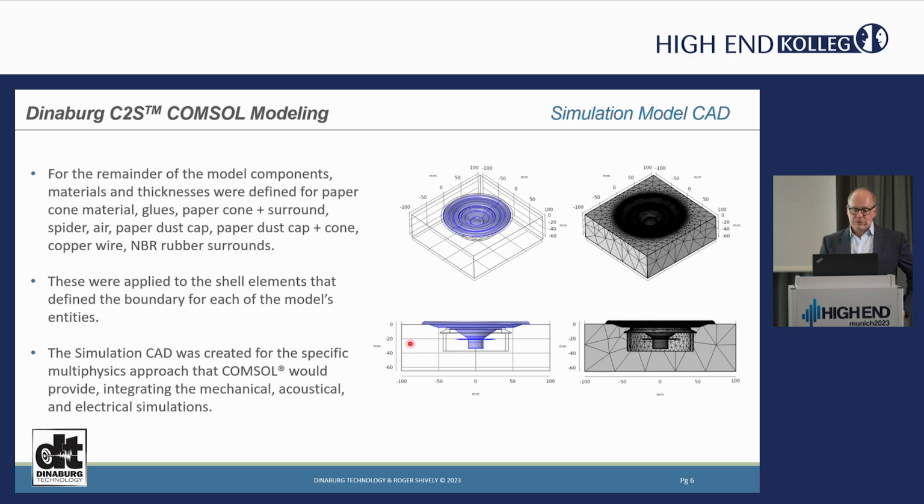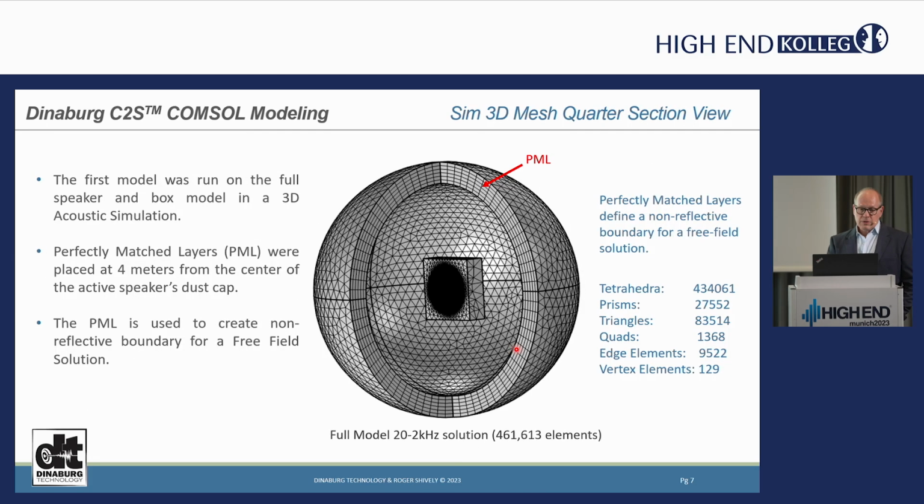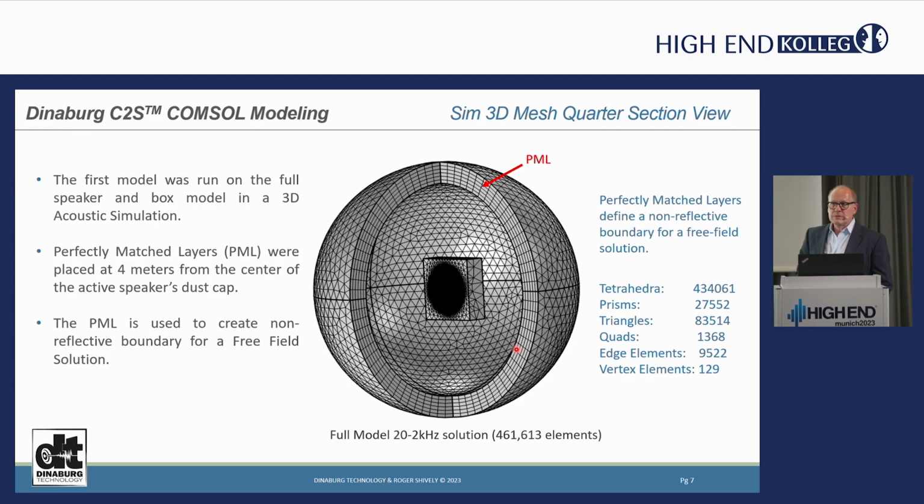So we put this into COMSOL, and you can see in this case this is what we have. And again, you can see that here we have the ring that has been meshed and ready to go. The first attempt was done simply to correlate the model to, or calibrate the model to the material. So the first model was done with only the expectation of about 2,000 hertz, and we created it in a free field environment.